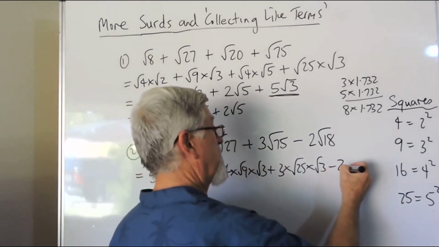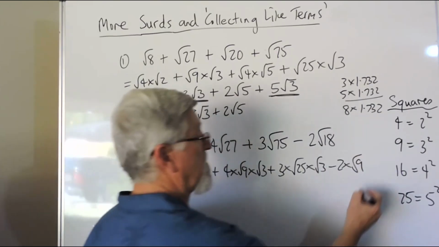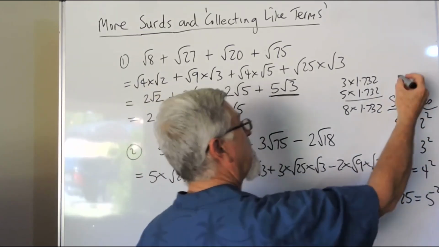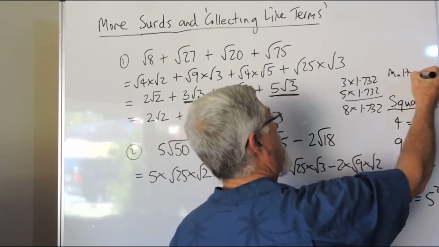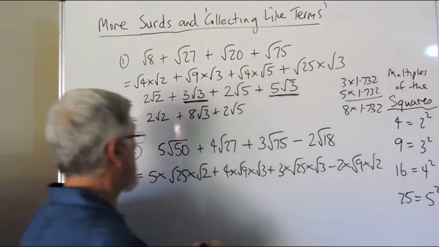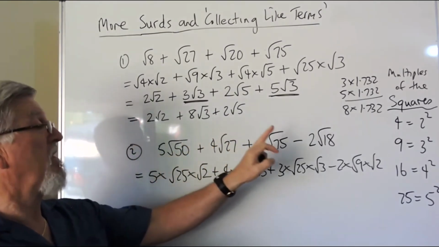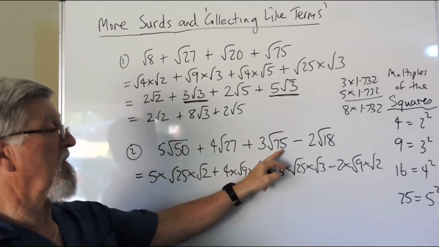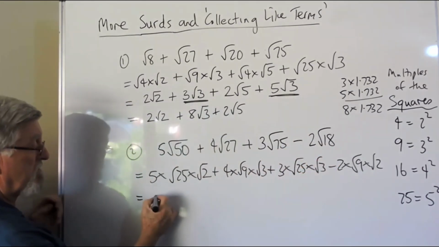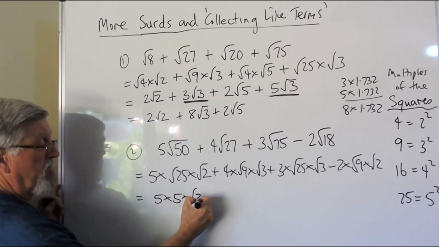And the last one, it looks very long-winded. So that's a 9. You can see it's a multiple of 9. We're talking about multiples of the squares. So I probably should write that they are multiples of the squares. So that's a multiple of 5 squared. That's a multiple of 3 squared. That's a multiple of 5 squared. And that's a multiple of 3 squared. So let's have a look at what we've got. This is a 5 times another 5 times the square root of 2.